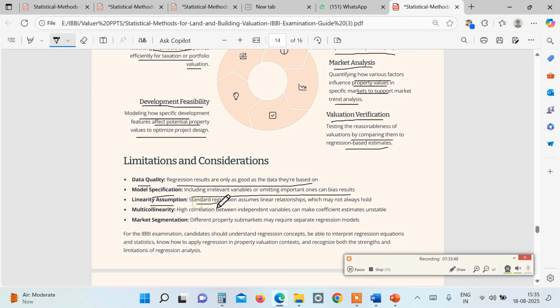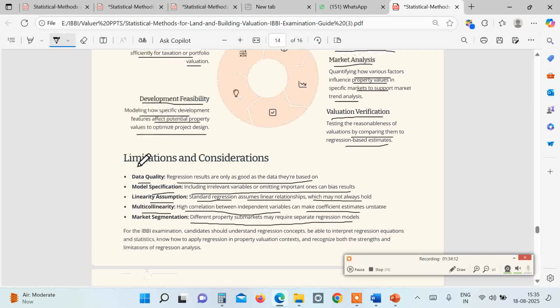Standard regression uses a linear relationship which may not always hold good. Then multicollinearity. High correlation between independent variables can make coefficient estimates unstable. Then market segmentation. Different property markets may require separate regression models.